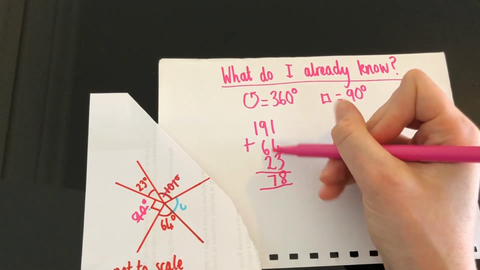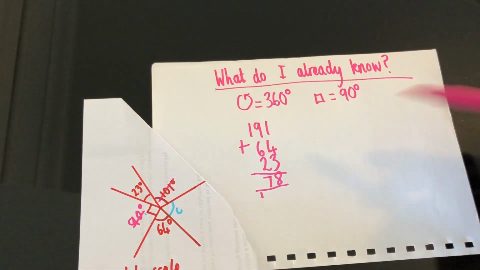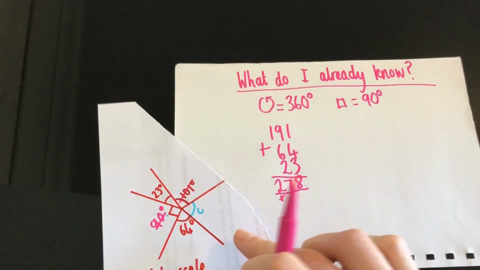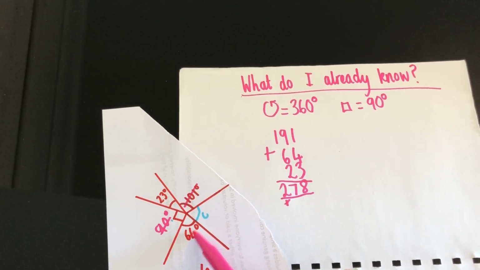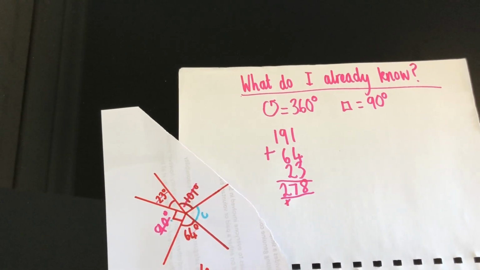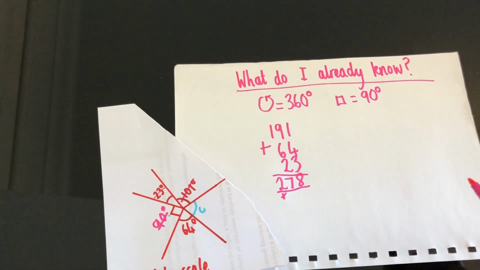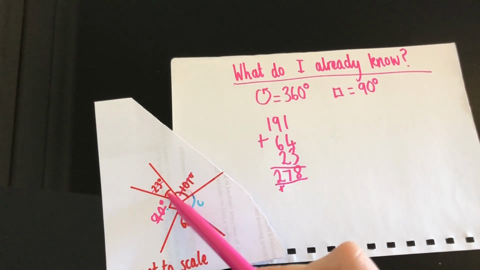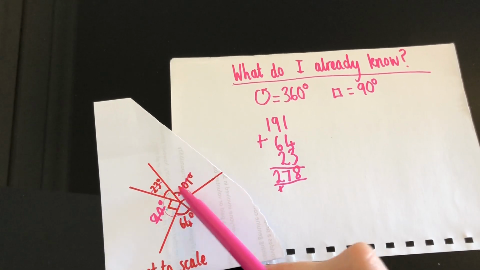So that would be 7 in my tens and 100. And then I've got 100 plus 100 is 200. So I now know that the total of all the angles that I know already, now we've added them all together, is 278 degrees.